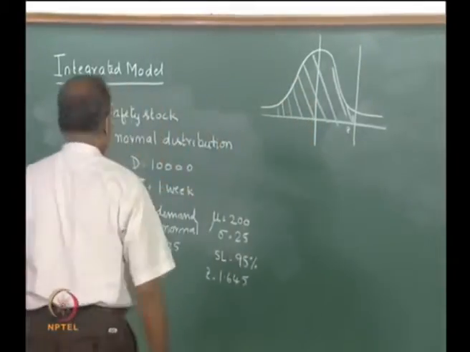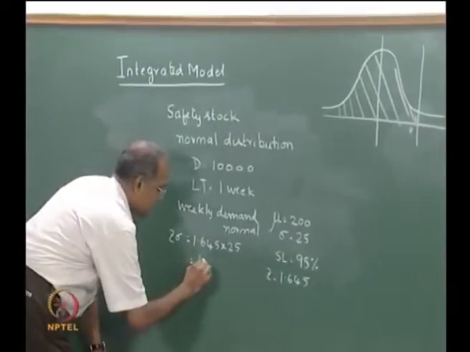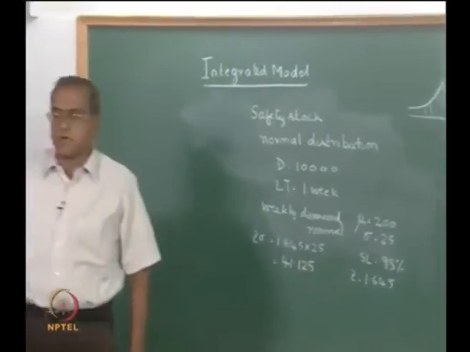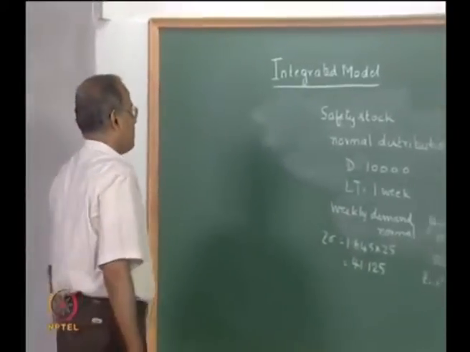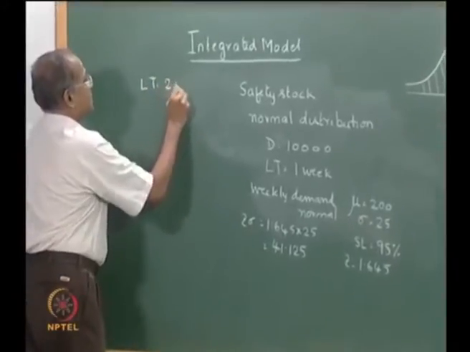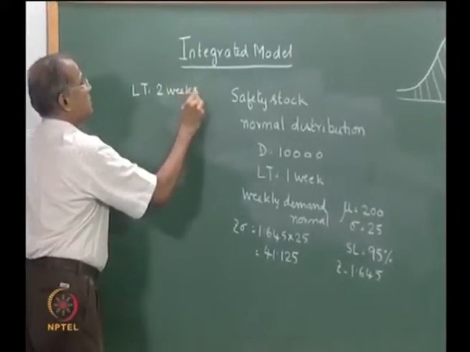That gives us 41.125 units as the safety stock. Now, let us look at what happens when the lead time is equal to 2 weeks.